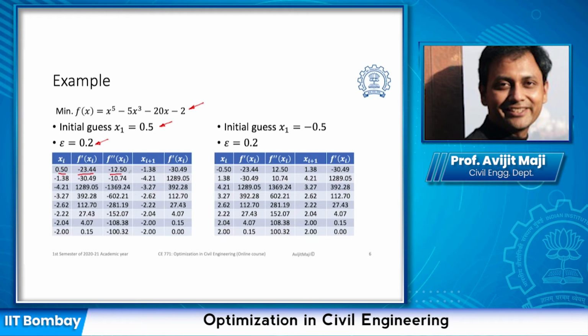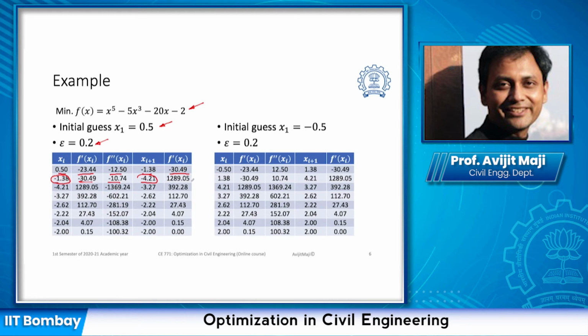Based on these two derivatives, we estimate the new point and the slope or gradient of the function at that new point. We find that the slope is larger than the precision which we have set. Hence, we need to go to the second iteration, considering this new point, where we do the first order and the second order derivative, and based on these two derivatives and this point, we get the next new point.